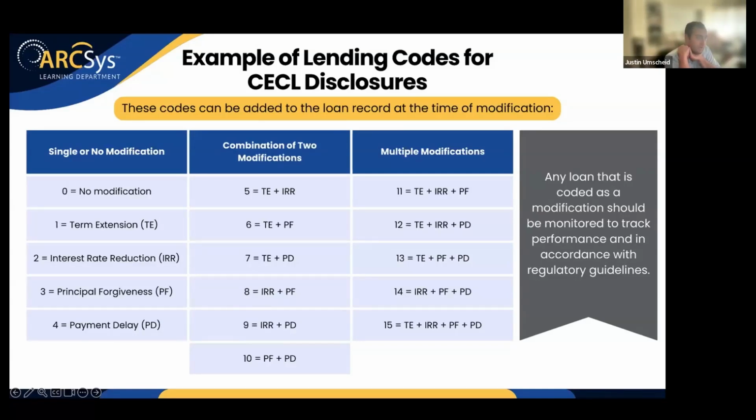So best practice would be to do the initial fair market value analysis and understand what your expectation of loss is. If it's significantly different than what you're expecting in your current CECL calculations, then go build that collateral dependent calculation on that loan and reserve for it separately.